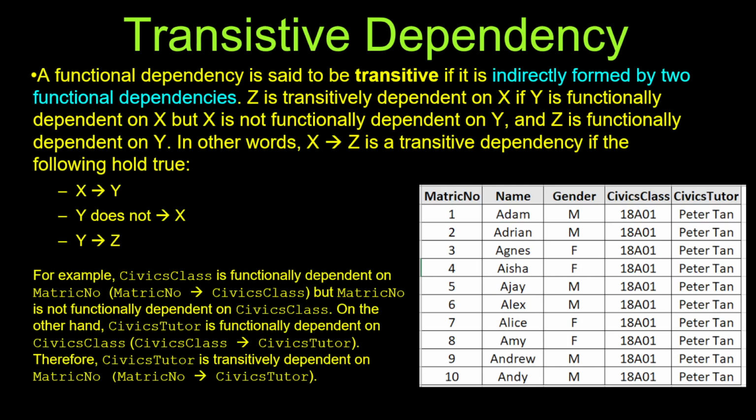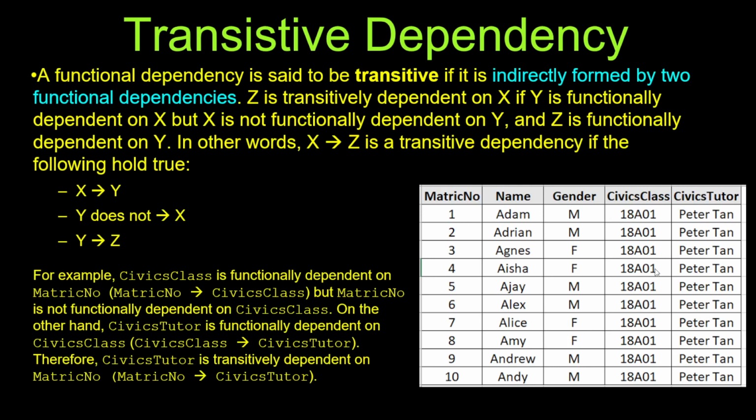Let's look at civics class. Civics class is functionally dependent on the metric number. You know the metric number, you know the name, you know the gender, you know the civics class of that student. But it's not the other way around. Your metric number is not functionally dependent on your civics class. If you know the civics class, you might not know the metric number.